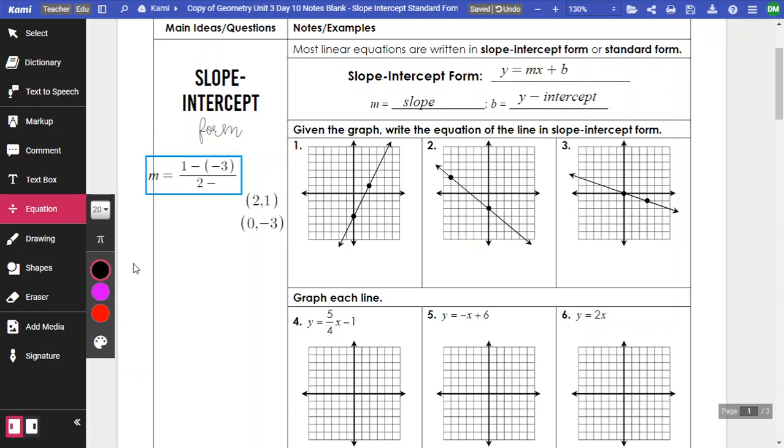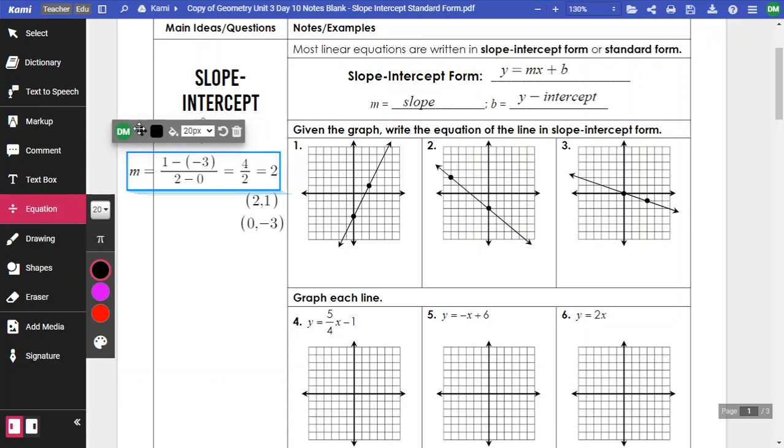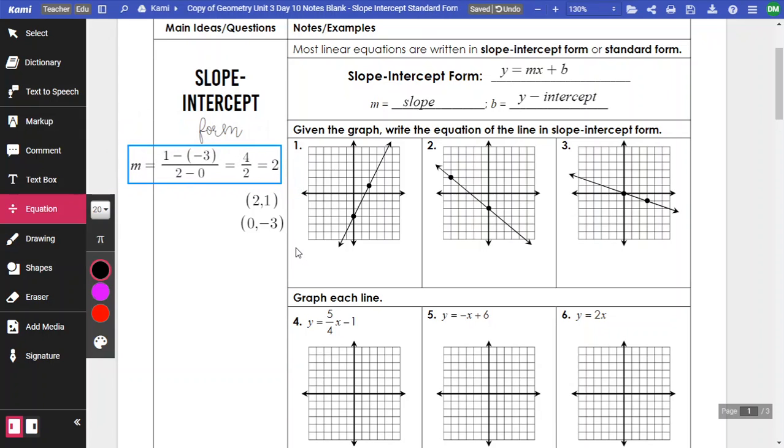This was my second point, the one on the right, so I used that and subtracted the first point. 1 minus a -3 is the same thing as 1 plus 3, which is 4. And then 2 minus 0 is 2. So 4 divided by 2 is also 2. So our slope is going to be 2.